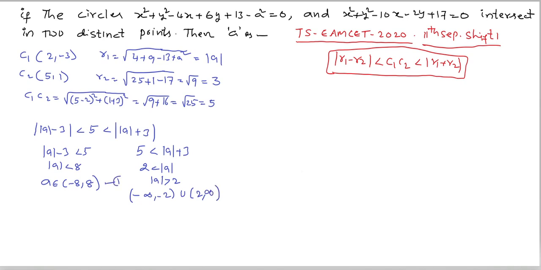This is the first condition and this is the second condition. From these two conditions, a belongs to minus 8 to minus 2 union 2 to 8. The possible values of a: a belongs to minus 8 to minus 2 union 2 to 8.